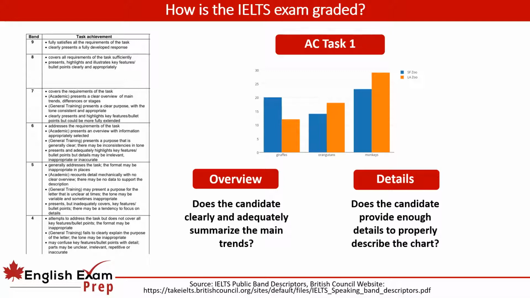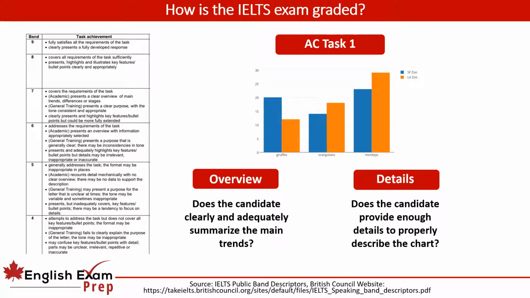We're going to overcome this by making an incredibly clear overview right at the beginning of the task response. This helps the examiner see that we did present a clear overview, and then right away they're looking at a band 7. Hopefully we can maintain that high score throughout the response, and then we'll certainly get the score that you deserve.